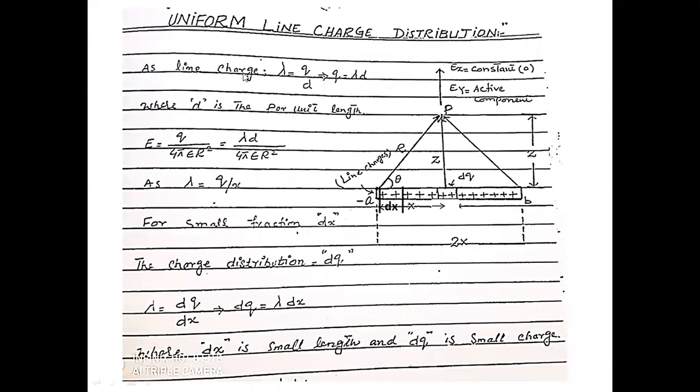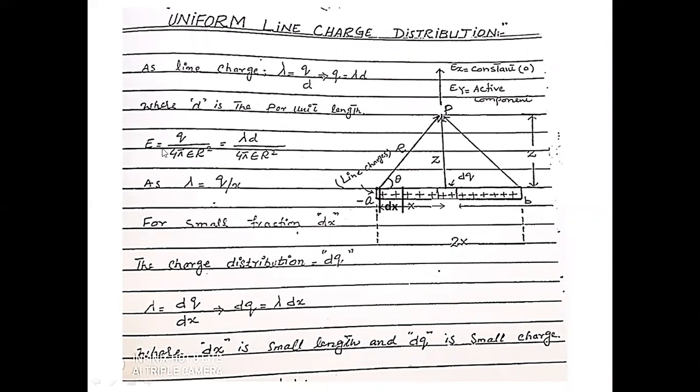Line charge density lambda is equal to q by d, meaning the charge is distributed over a length d. So q is equal to lambda d, by cross multiplication, where lambda is the charge per unit length.